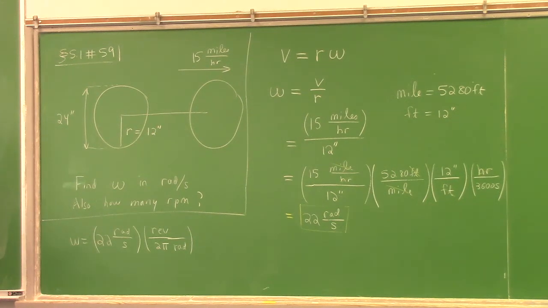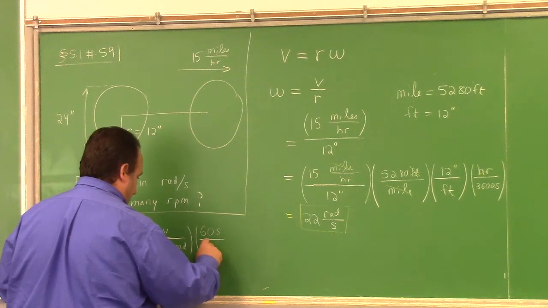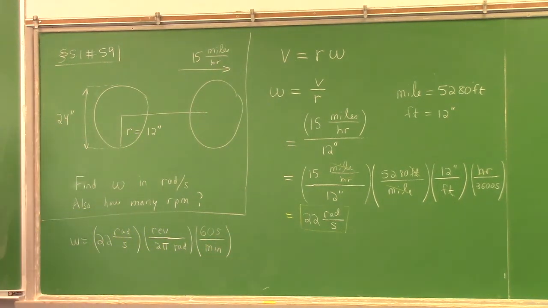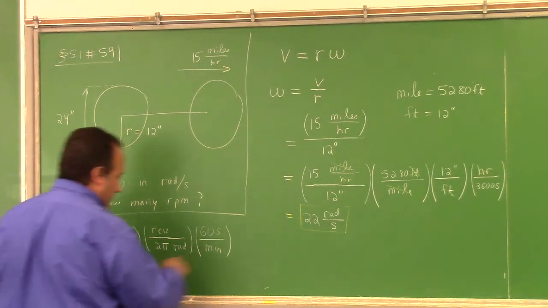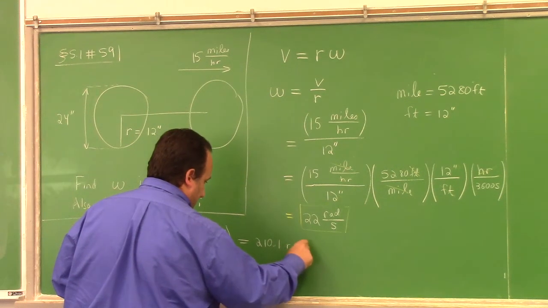And I want to convert the seconds to minutes, right? So how many seconds are there in a minute? Right, so I multiply by 60 seconds over 1 minute. So I got 22 times 60 divided by 2 divided by pi. I get 210.1, roughly speaking, RPM.